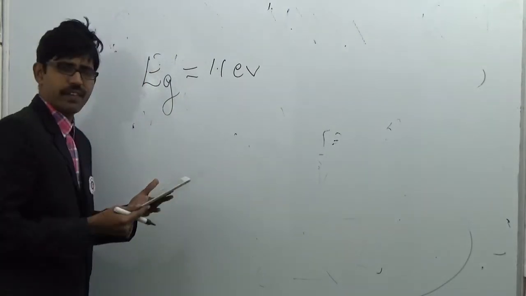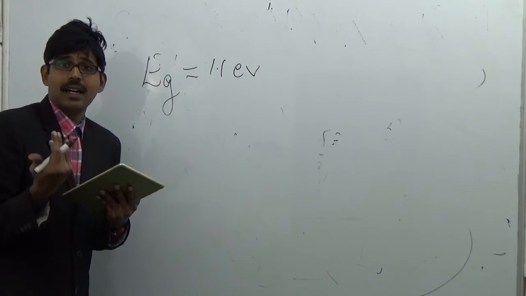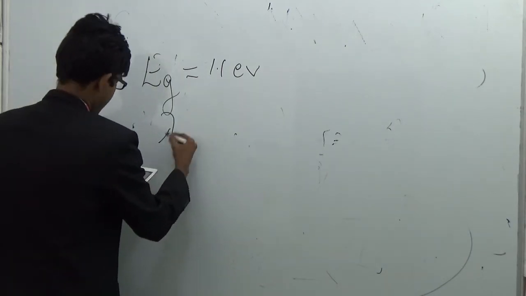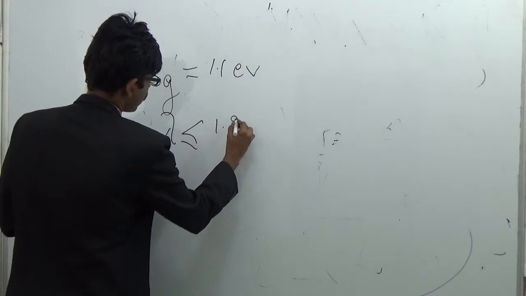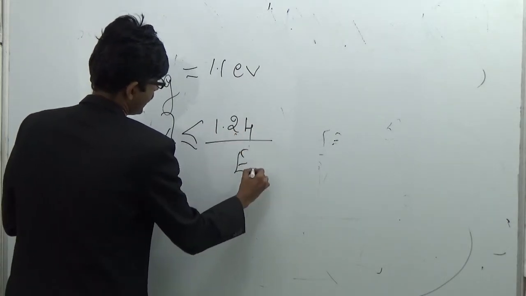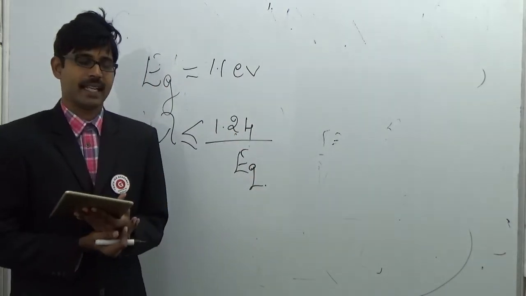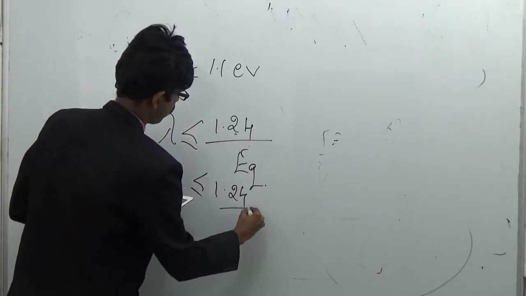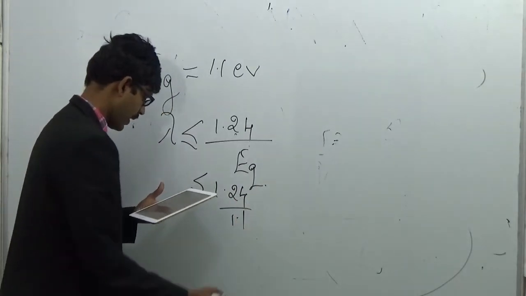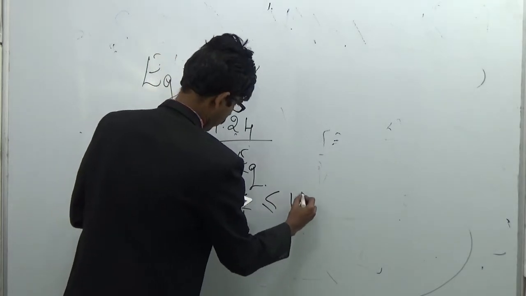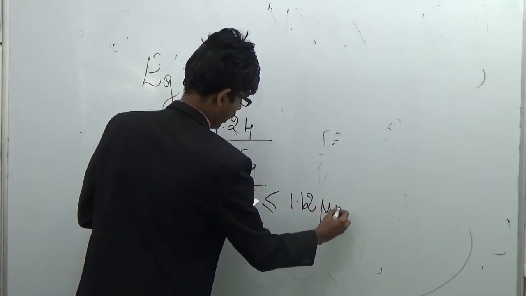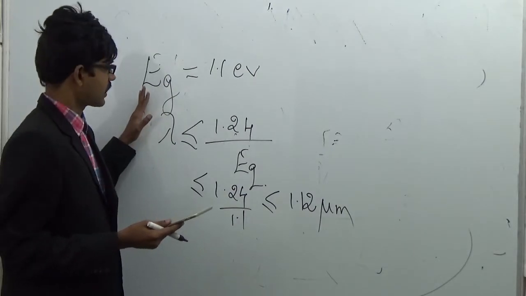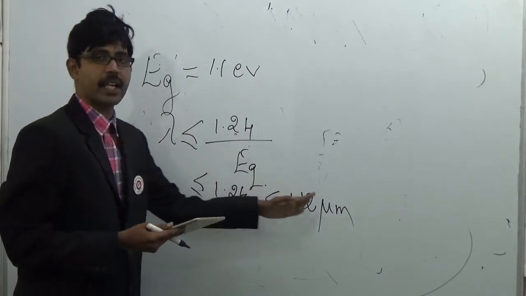So it's a very simple question, and it can be answered if you know the relation. What is the relation? Lambda must be less than or equal to 1.24 divided by the energy band gap. So here it's going to be less than or equal to 1.24 divided by 1.1, which means less than or equal to 1.12 micrometer. Now, by default, Eg takes electron volt units and lambda takes micrometer units.